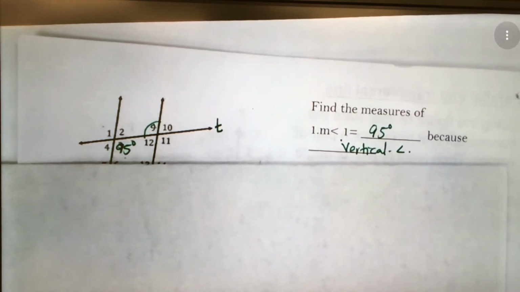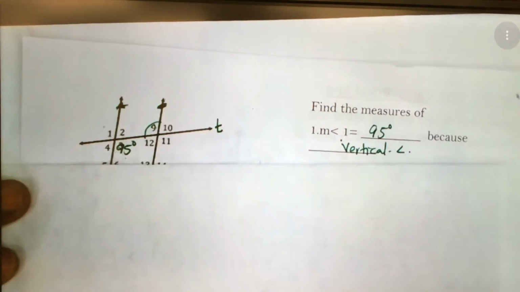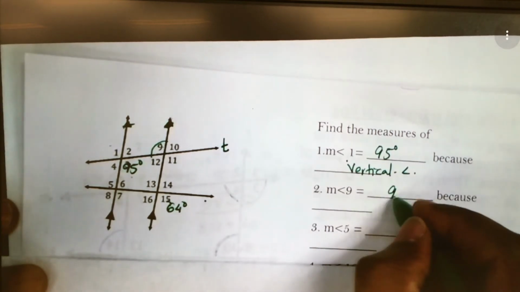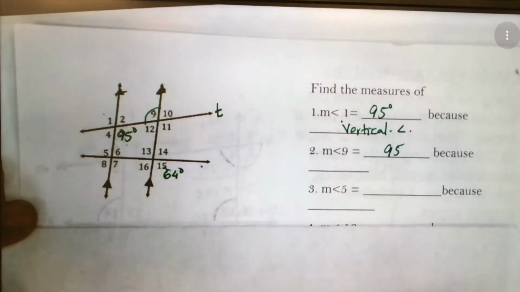If the lines are not parallel, we cannot do that. So these two are the pair of parallel lines. So angle 9 is 95. The reason is they are alternate interior. I'm not writing that one.